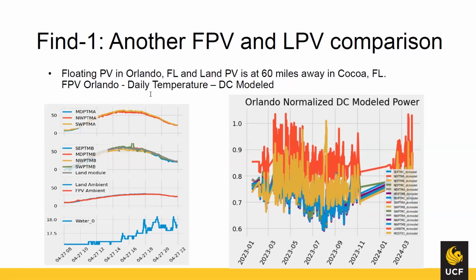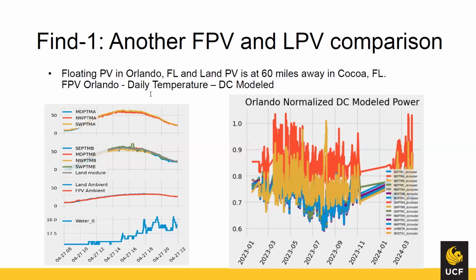For the land PV, we had 1 temperature sensor per module, depending on where they were in the system. For the Orlando site, an OUC floating PV system that we monitored, again, 5 temperature points. Each point has 3 sensors.